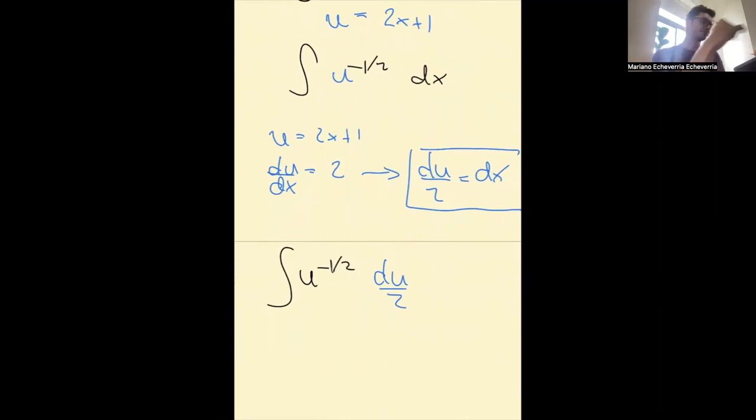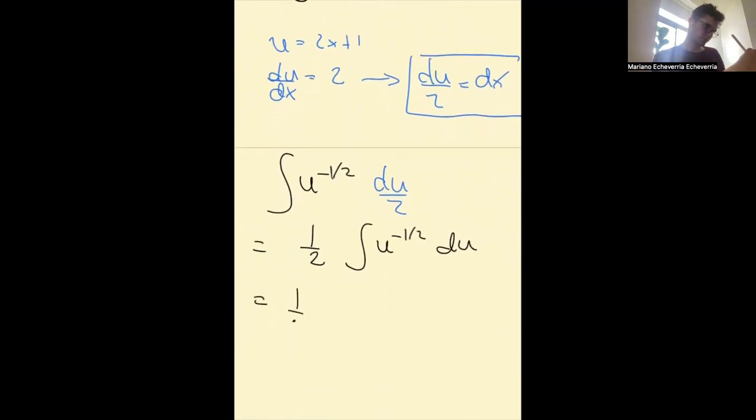But then if you use the formula, this is e to the 1/2 over 1/2. Remember the formula is to add 1 to the exponent because it's the opposite of the derivative.